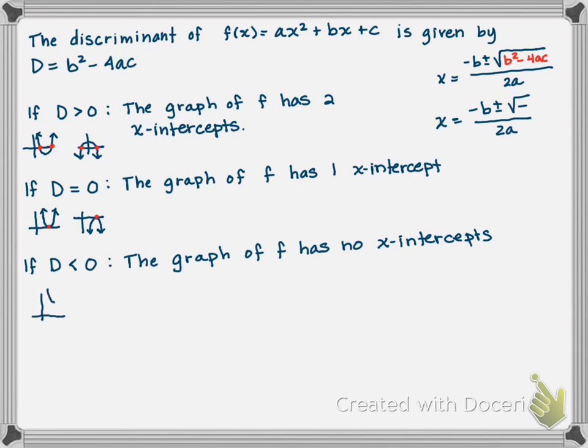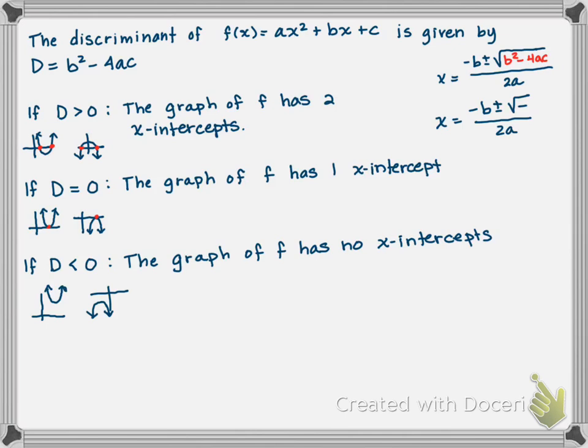So that would be like if the whole parabola was above the x-axis, or the whole parabola was below the x-axis. It's an ugly parabola. So it never touches the x-axis or passes through it.